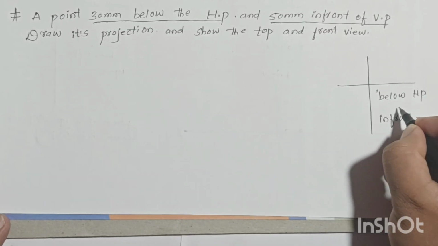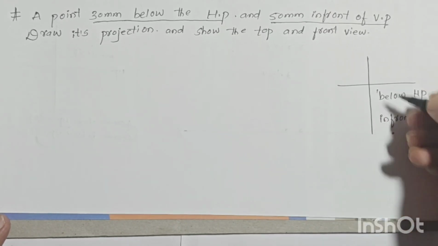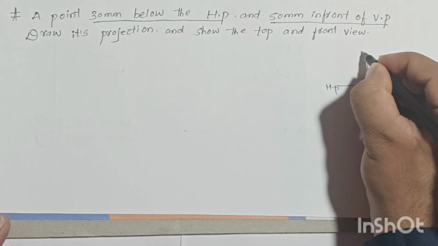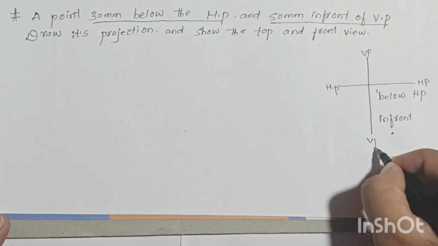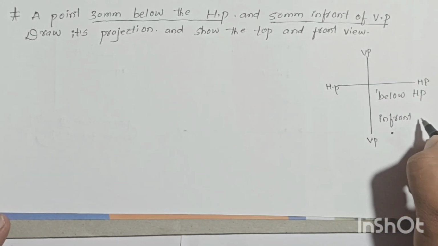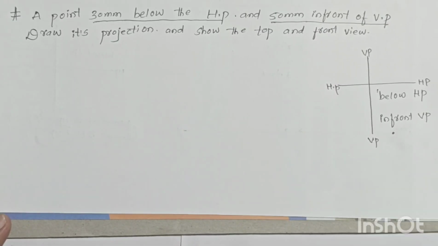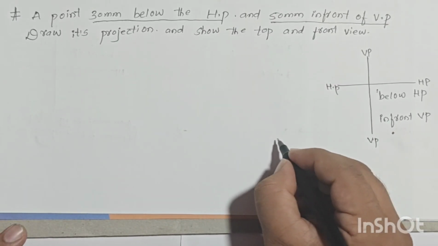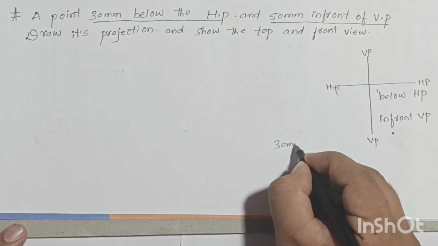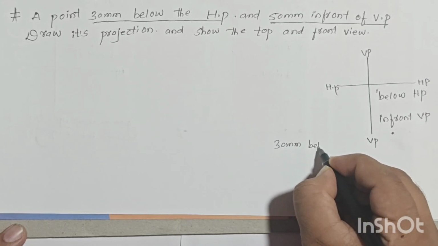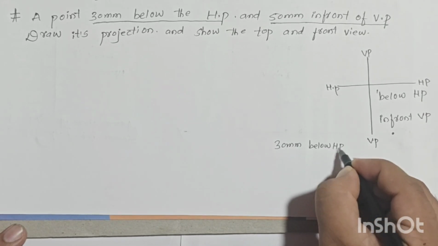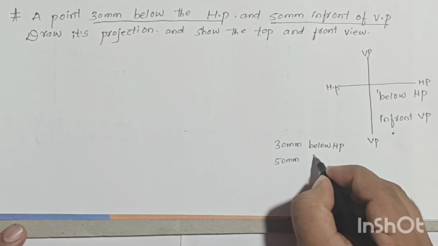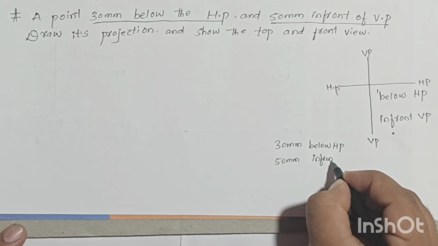This point is below the horizontal plane and in front of whom, dear? In front of vertical plane. Clear? So right here the same thing. 30 mm below the HP and 50 mm in front of VP.